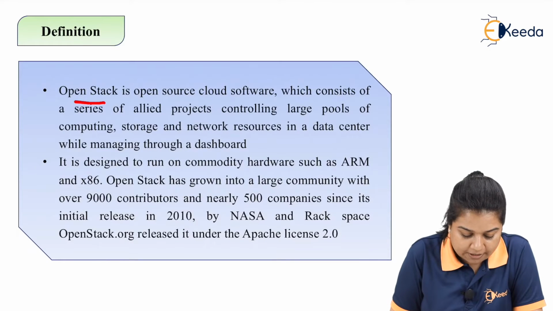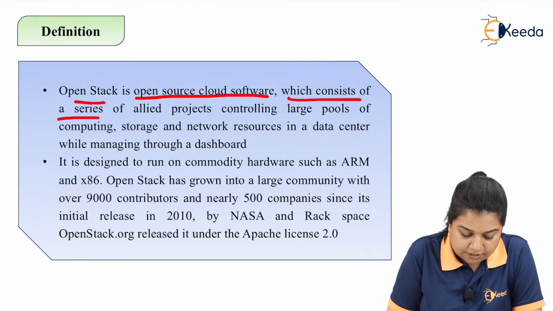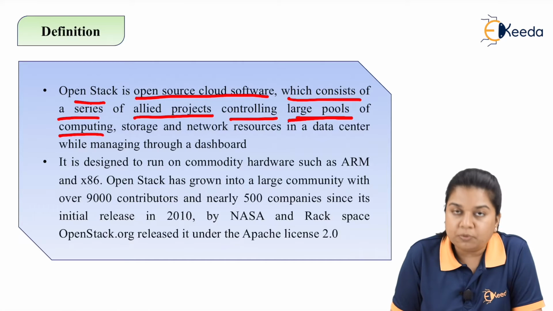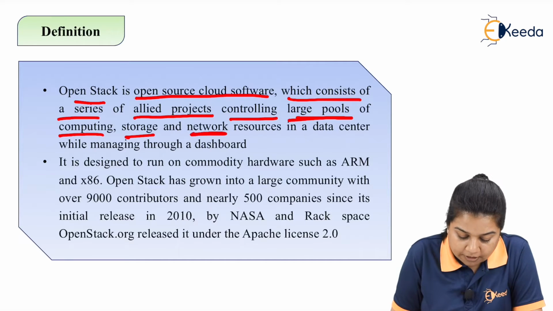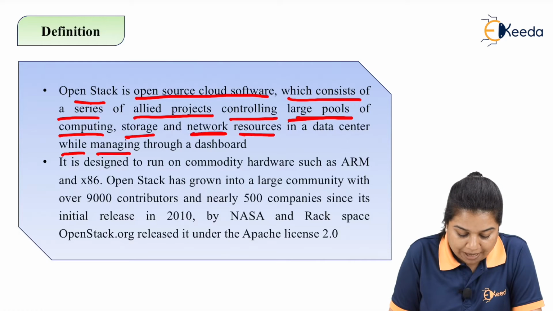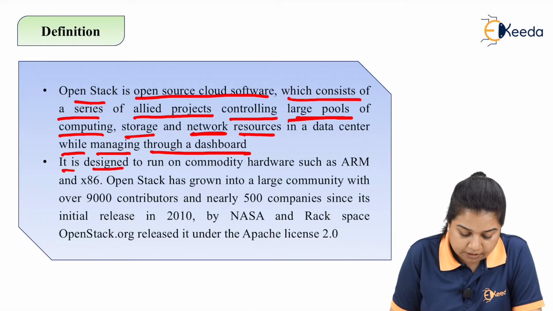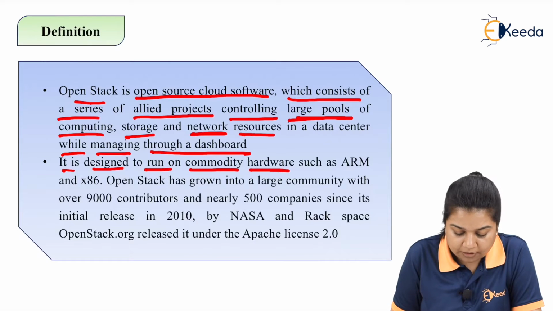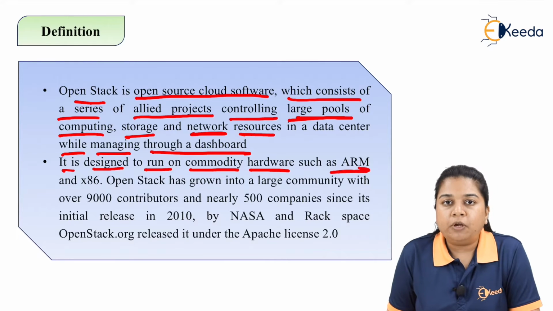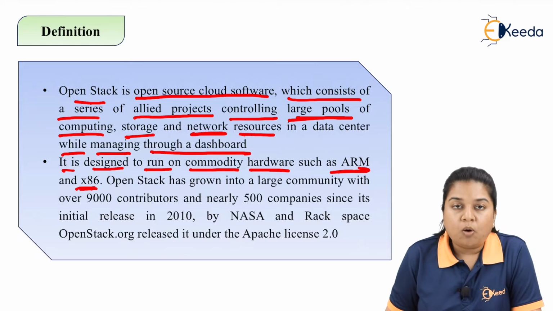So, OpenStack is open source cloud software which consists of a series of elite projects controlling large pools of computing, storage and network resources in a data center while managing through a dashboard. It is designed to run on commodity hardware such as ARM and x86.